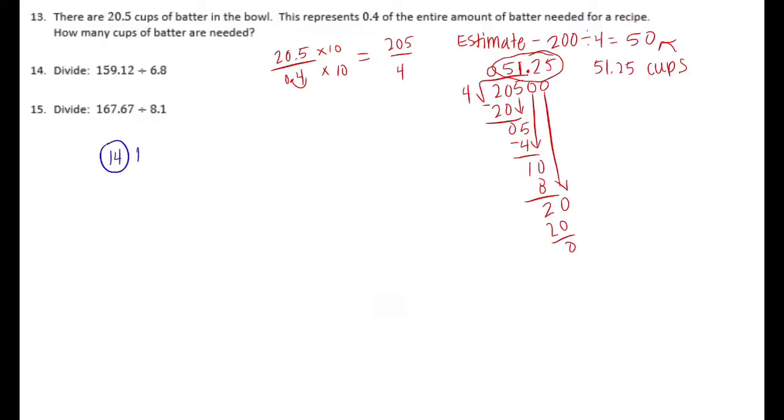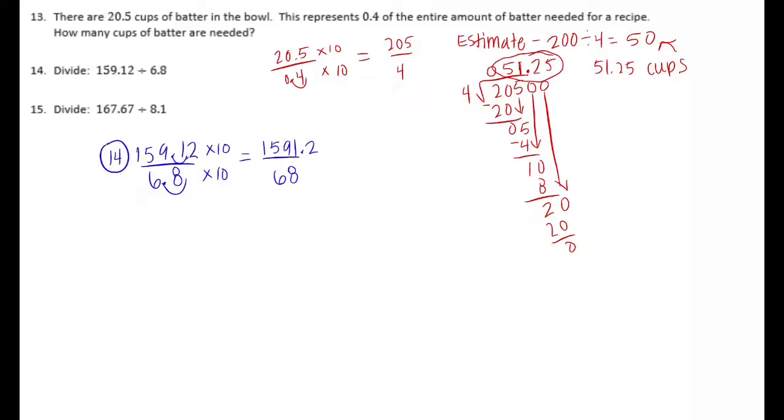Divide 159 and 12/100 divided by 6 and 8/10. So find a whole number divisor. Need to move it one place. That'll make that 68. If I move this one place, I get 1,591 and 2/10.